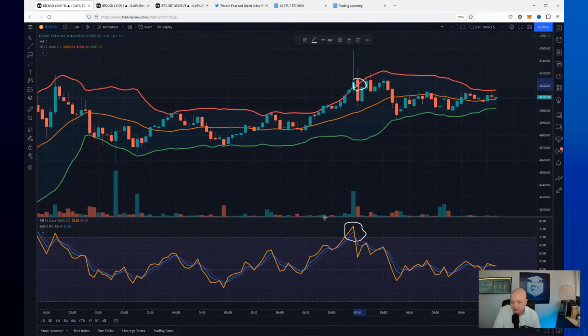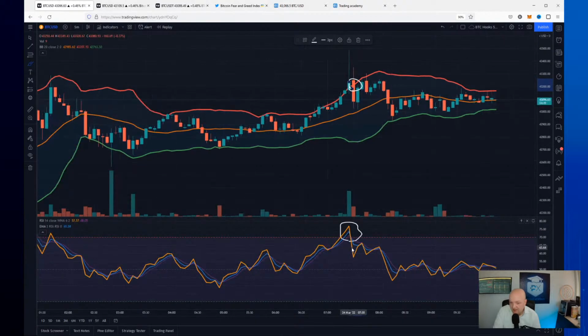So in short and summary again, for a short signal, for a sell signal, we wait until the RSI is over 70, crosses with a sharp decline, under its moving averages. And ideally, it should be still somewhere sitting here at the red line, because that gives us more potential.